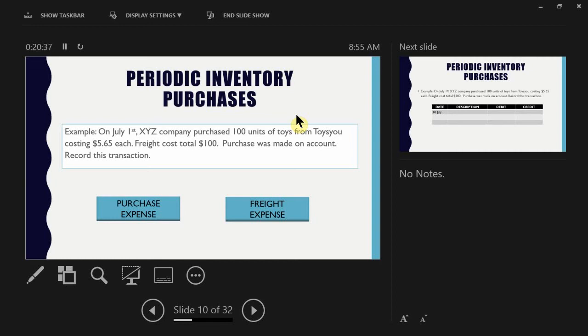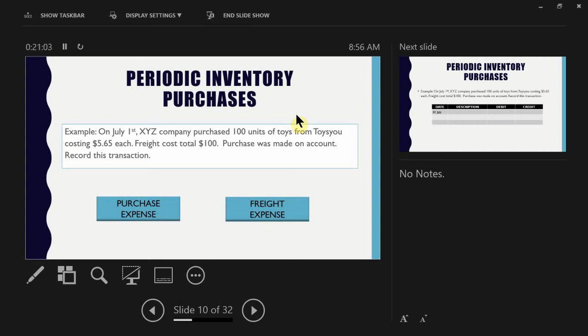Any freight expense is considered one of them. Sales tax expense, right? In case you do have to pay tax on it. Even expedited expenses could be there as well. All of those are going to be considered as expenses, because they're all contributing to the one key factor, which is purchasing periodic inventory.